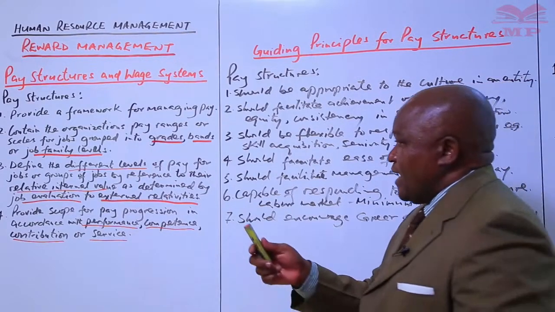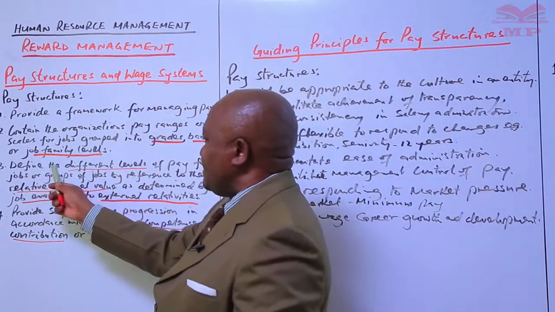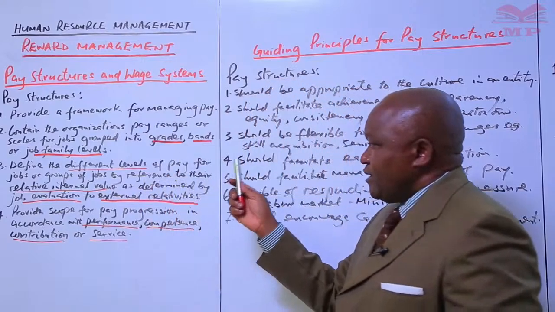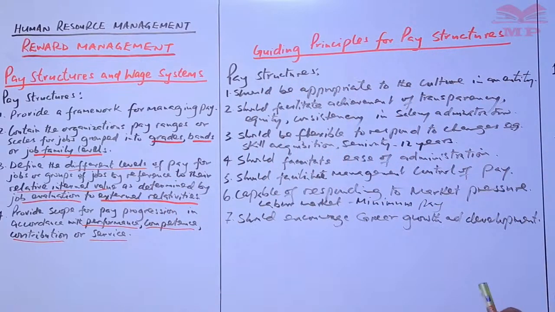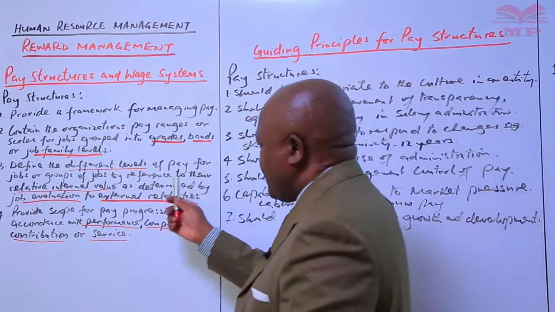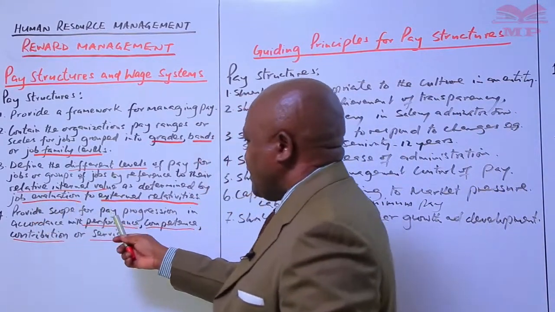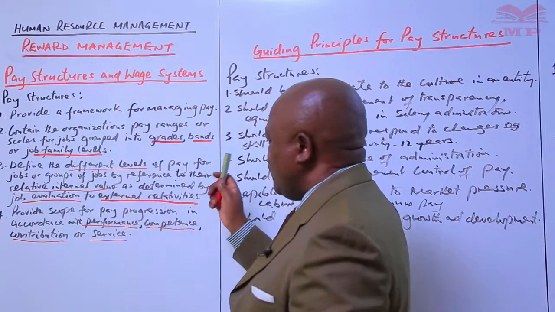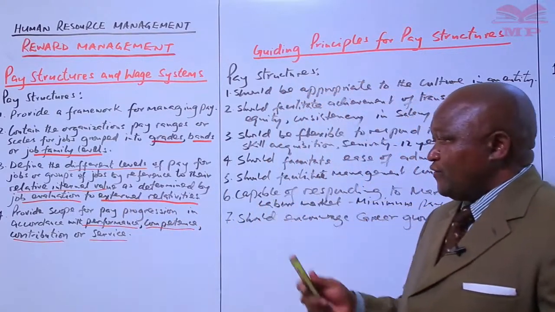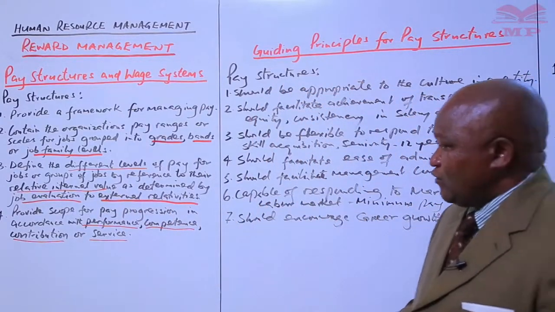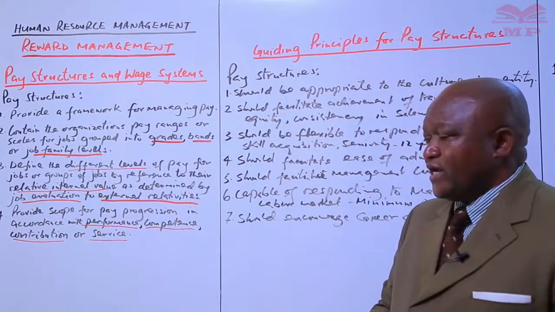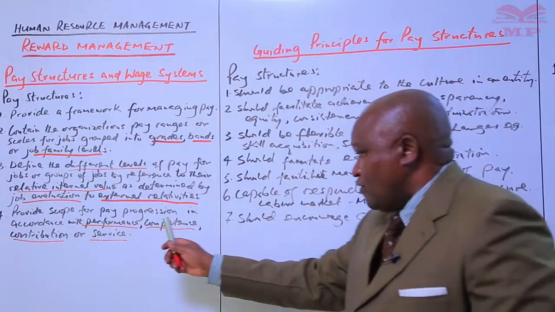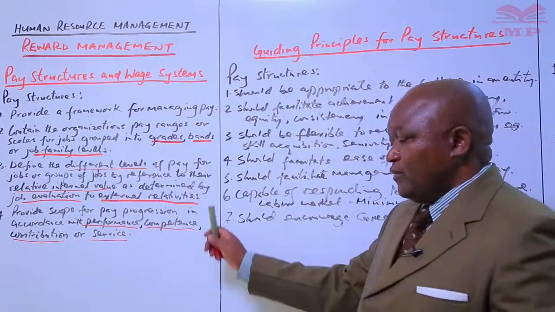Number 3, pay structures define the different levels of pay for jobs or groups of jobs by reference to their relative internal value as determined by a job evaluation and to external relativities. Number 4, pay structures provide scope for pay progression in accordance with performance, how the employees perform, competence, contribution, or service.